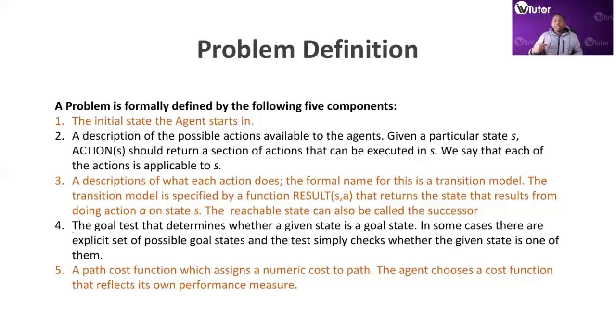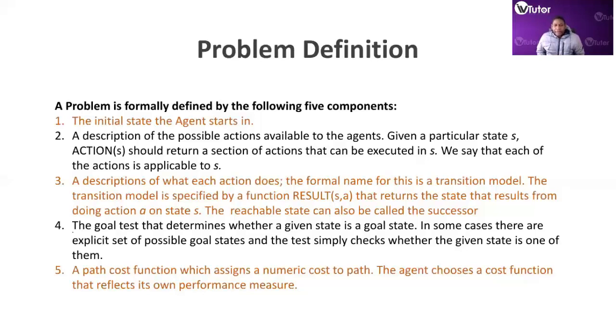That is the description of the action. And then we need a goal test. After each action, if we reach a state, is this a goal? That is the question to ask. Then number 5, we need to evaluate our action and see how good it was.